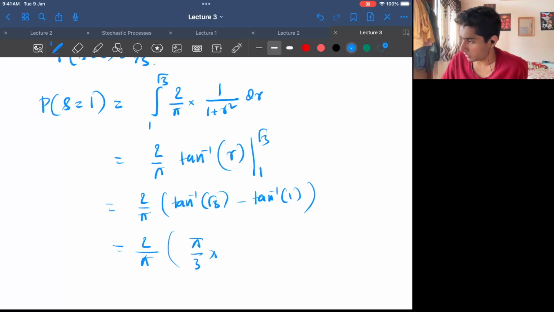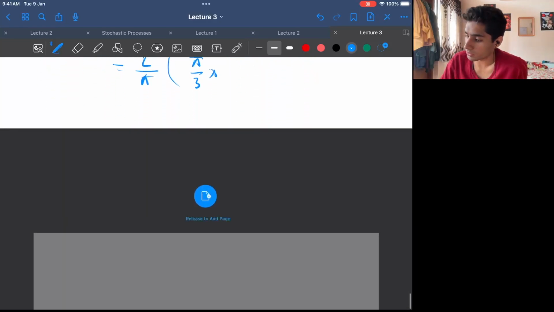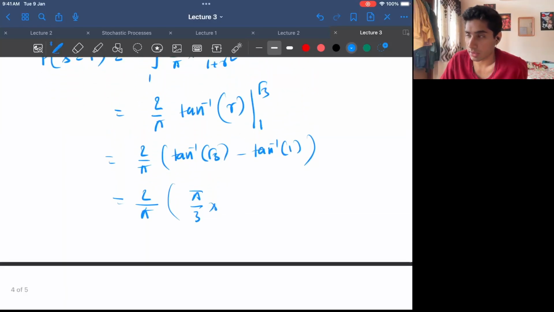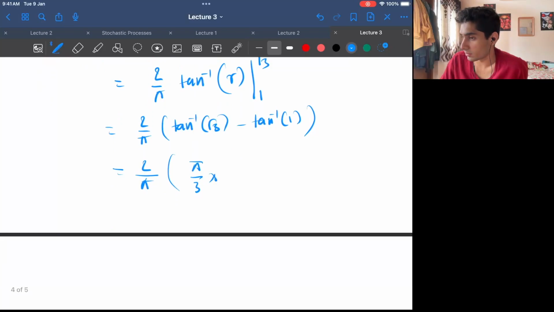What will be the other term? Tan inverse 1 is 45 degrees, right? Pi is 180, pi by 2 is 90, pi by 4 is 45. So this will be pi by 3 minus pi by 4, right? So pi gets cancelled.